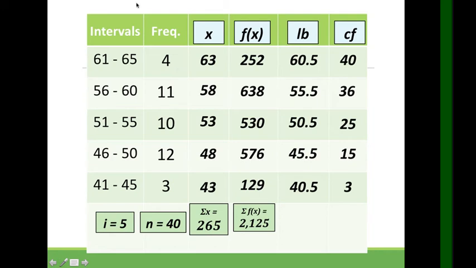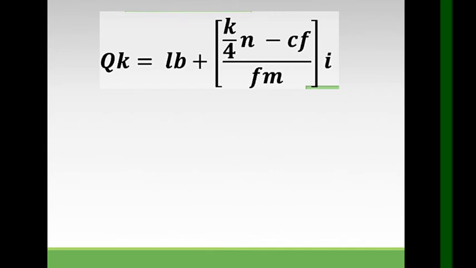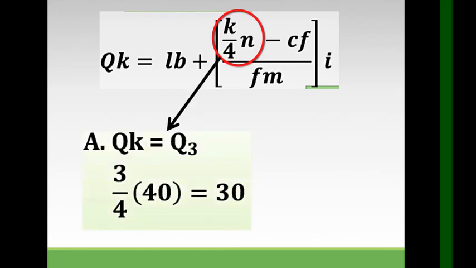Okay? So these are the requirements we need in order to solve the quartile 3, quartile 1, and the quartile deviation. For the quartile, we have this formula. First, we need to solve k over 4 times N. We will first solve the quartile 3.